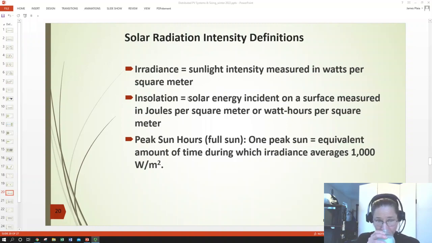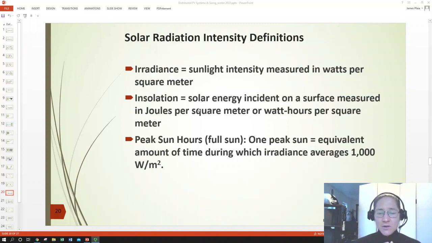So we can talk about an annual average. This area has more insolation, although the irradiance at a given particular time or season may be higher or lower. So irradiance is power per unit area, insolation is energy from the sun per unit area. And you can think sol means sun, so it's sun energy per unit area.